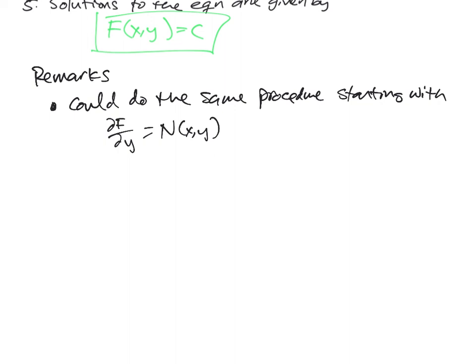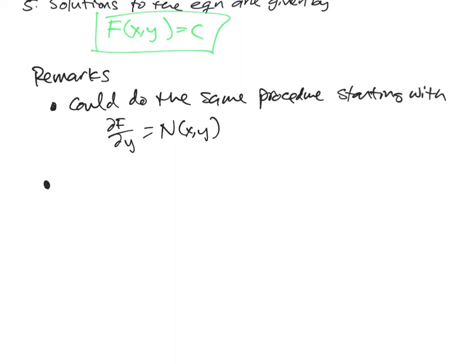You might try doing some of the problems either way and see that they give you the same answer. And sometimes it'll happen that you have to do an integration, and one of the terms will be harder to integrate than the other. So that would be why you would choose one over another. But doing it either way should give you the same answer.